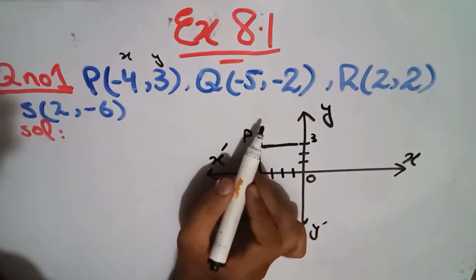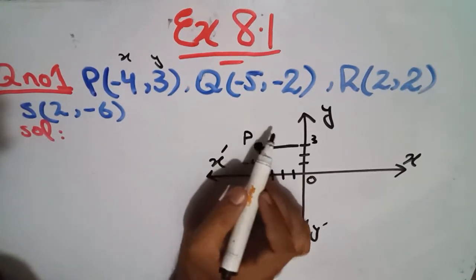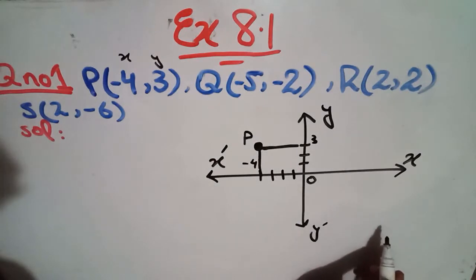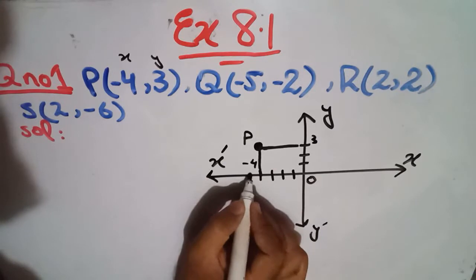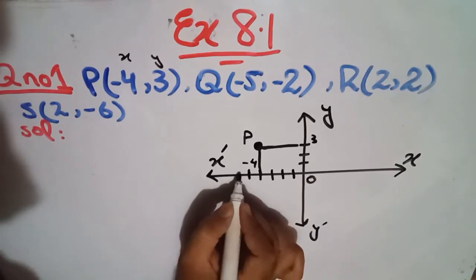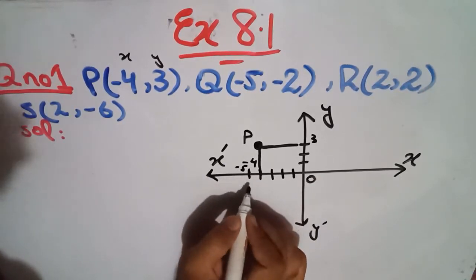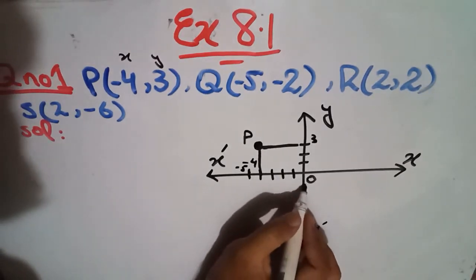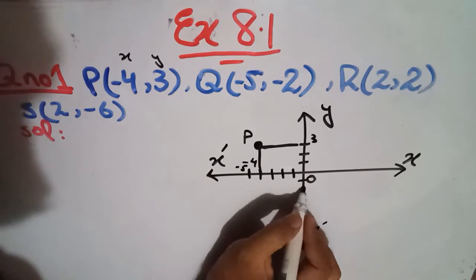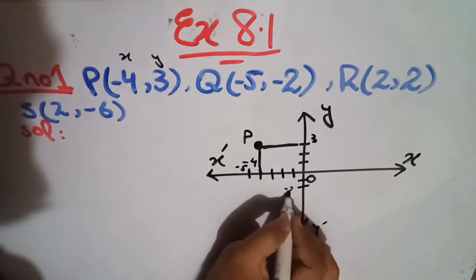Now you will represent q, -5 and -2. Okay, -5 and -2. -5 is the value of the x, 1 2 3 4, and there you have value that will be the -5. Okay, and also -2. -2 is the value of the y. You can say 1 2, that is -2.